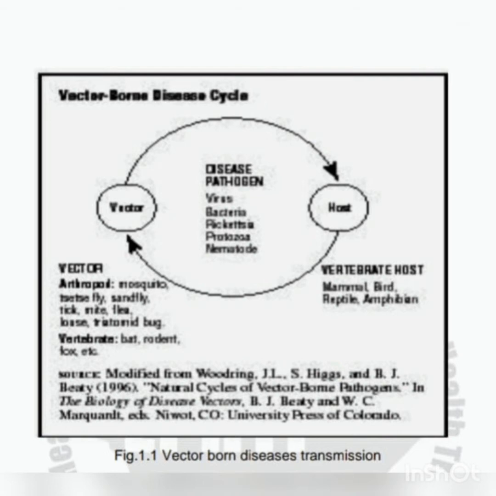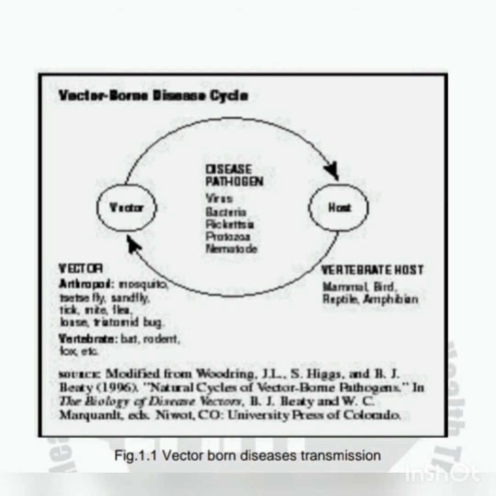It just sits on the dirt and carries the organisms on its legs or some body parts, and it sits on the food items and transfers the organism from one place to another. The pathogenic organism will not continue its life cycle in the body of the vector. That is known as mechanical vectors. An example here is house flies.